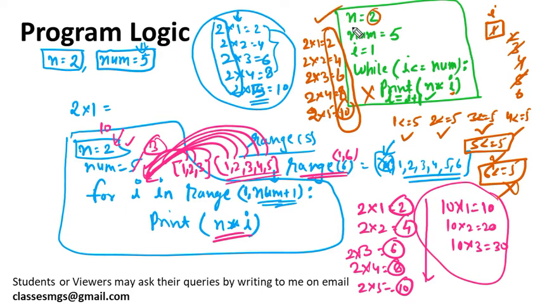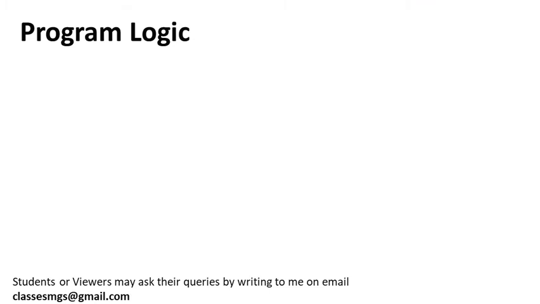So this way this while loop will work, okay, and this way the range function using for loop will work, okay. So let's try to write the Python code now clearly and see it on the Spyder, okay. So I am writing the Python code here.